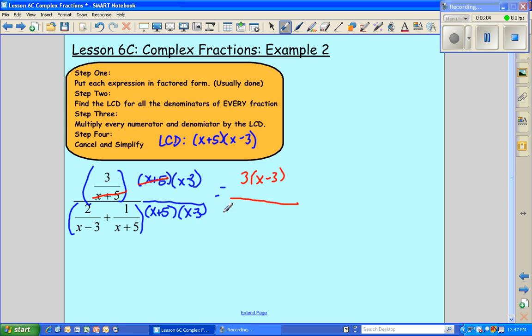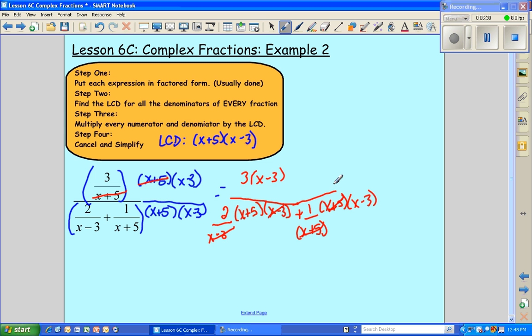On the bottom, you have the 2 over the x minus 3 being multiplied with the x plus 5, x minus 3. And your x minus 3's cancel out. And then you have 1 over x plus 5 being multiplied with the x plus 5, x minus 3 LCD.